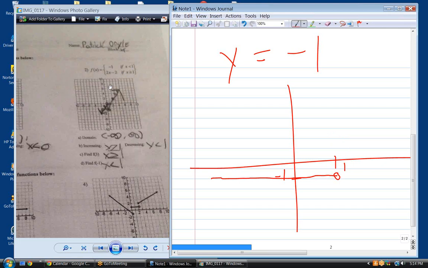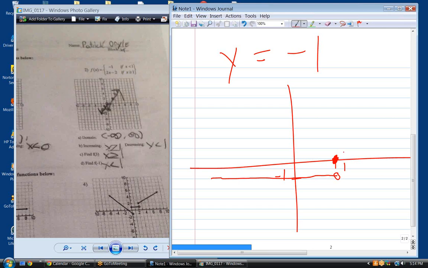What do you get? You get 2. Plug in 1 for the x in the bottom. Get 2 minus 2, 0. Oh, all right. That means that this thing starts right there. When x is equal to 1, y is equal to 0. And it's a closed dot because it's whenever x is greater than or equal to 1.